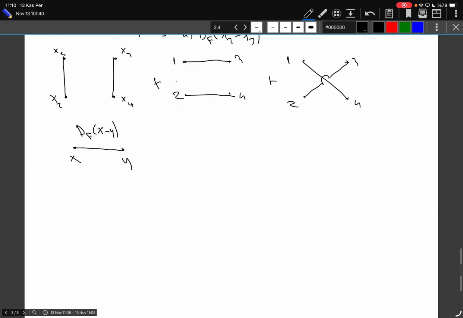Remember what the LSZ reduction tells us. If you want to calculate the S matrix element, just apply this operator. There will be 4 of them. Apply these operators to your 4-point function. Take the Fourier transform.